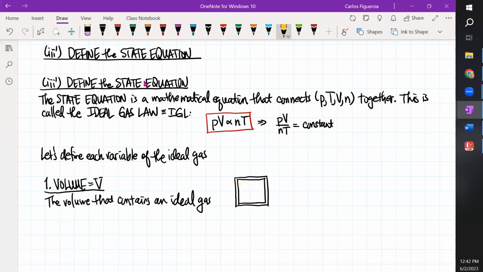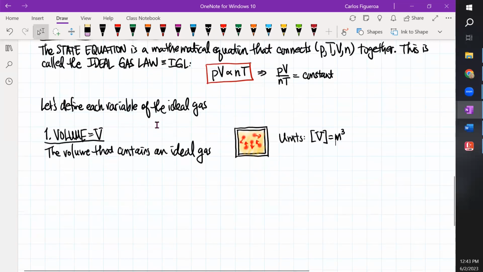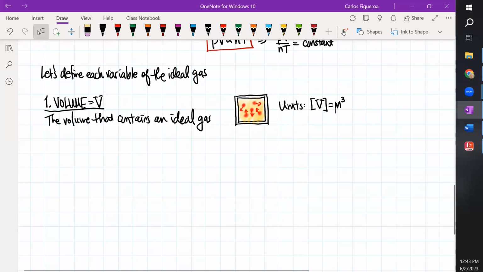And inside this container, I have gas particles that are randomly moving with some microkinetic energy. And so when I look at this, the units of volume, the SI units is in meters cubed. And that turns out to present a problem in calculations for numerous students here.